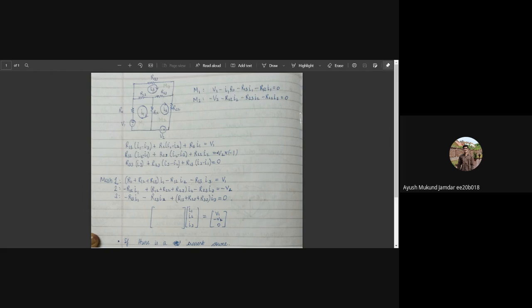So here is an example that will help us understand this quickly. As you can see, there is a network of resistors and a couple of voltage sources, and this approach is by assuming a current, let's say I1, I2 and I3, in each of the loops, such that the net current through, let's say, R12 will be equal to I1 minus I2 or I2 minus I1.